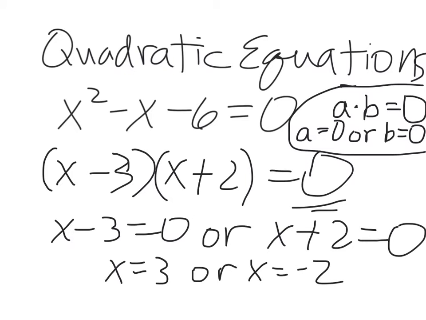Now, what's another way of solving an equation like this? Quadratic formula? Yeah, the quadratic formula. Now, instead of going through that, I'm going to show you where the quadratic formula comes from. And to be able to, I want to show you one other way of solving an equation.